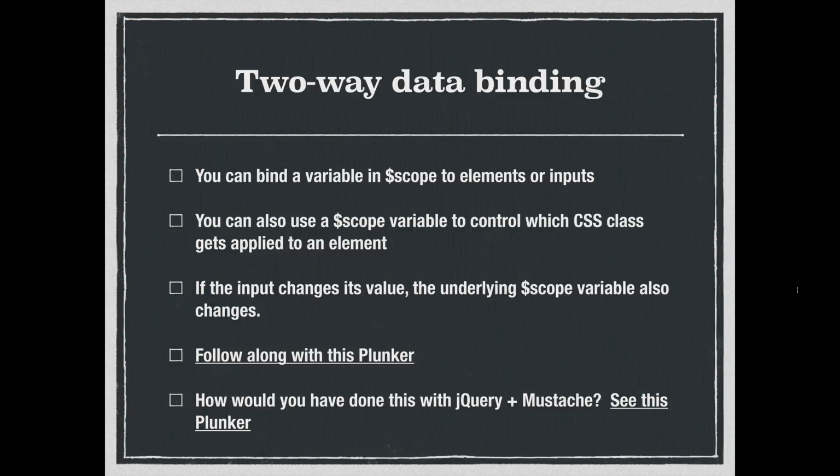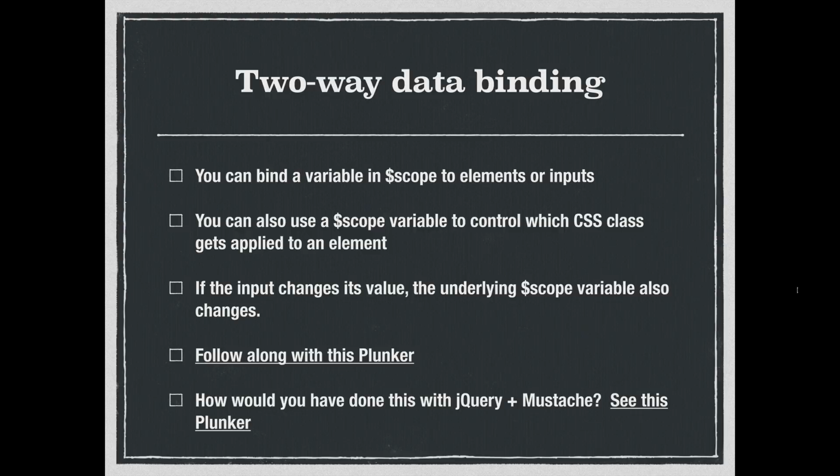What two-way data binding allows us to do is take a variable that's in our $scope and bind it to an element or an input, so that that element or input will show the value of that variable. That's the one-way part. The second way is that if the input element is changed, it modifies that variable immediately within the scope without us having to jump through a bunch of hoops.